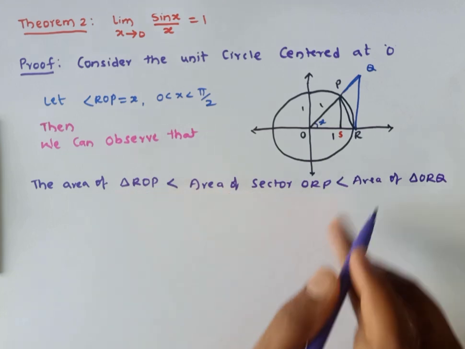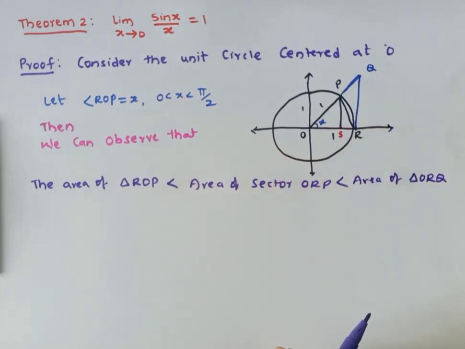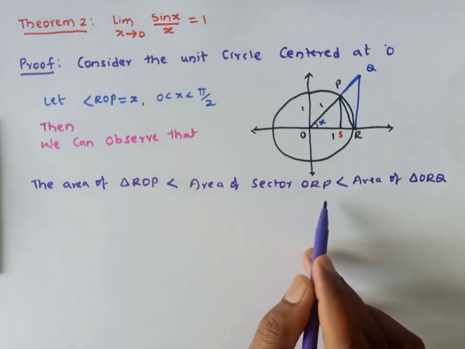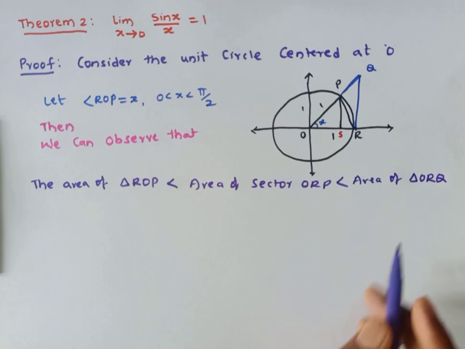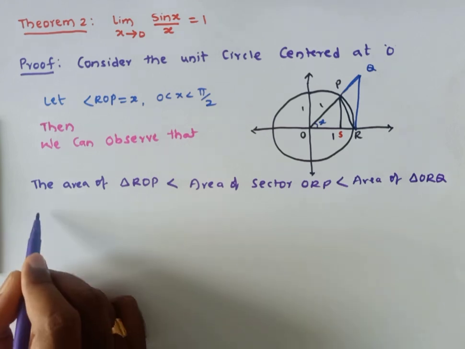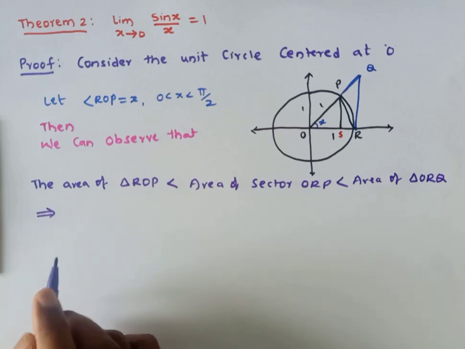So we don't know the exact values, but we can express it like this: area of the triangle ROP is less than area of the sector ORP is less than area of the triangle ORQ.